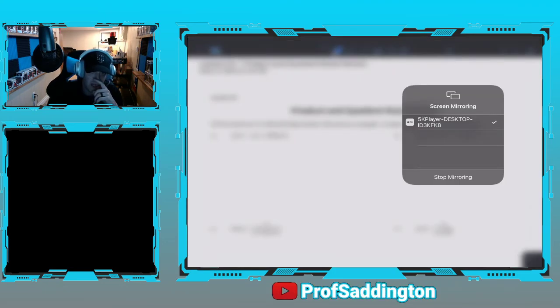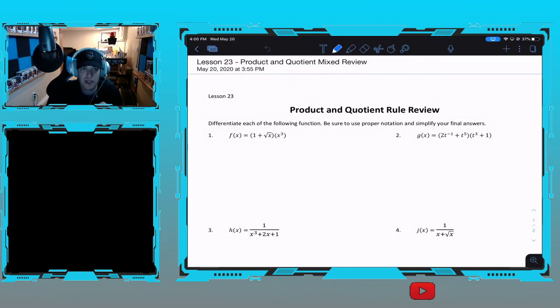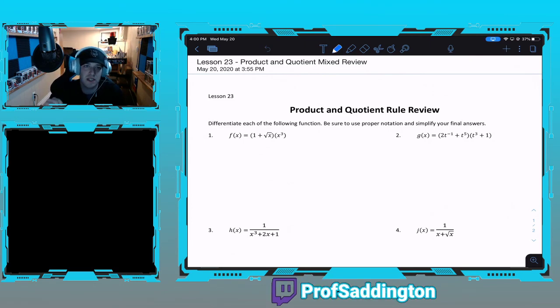Today, the lesson is lesson 23. There is no homework assignment in the book, as I said in the remind. So what I'm going to do is two questions that are on here, one that's product and one that's quotient. It's the same stuff that we've been doing, but I'll do a little bit more practice just to make sure that you guys are feeling comfortable.